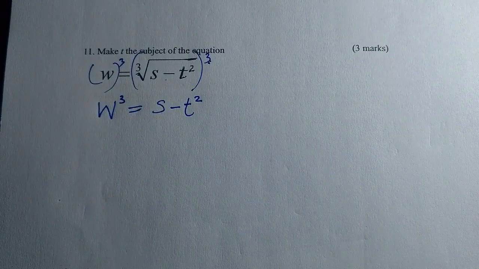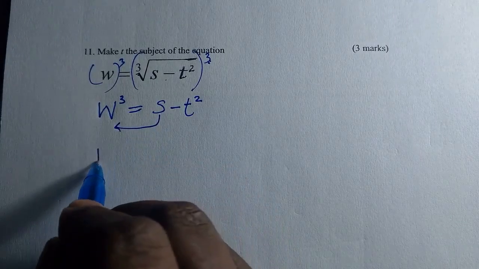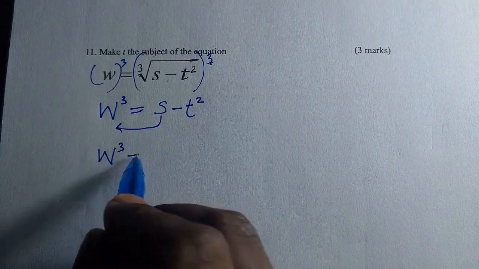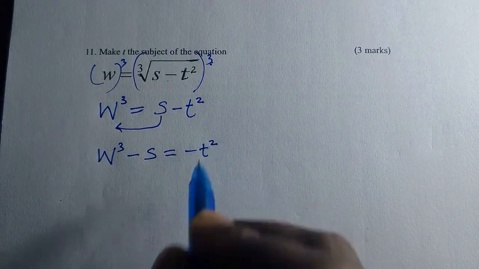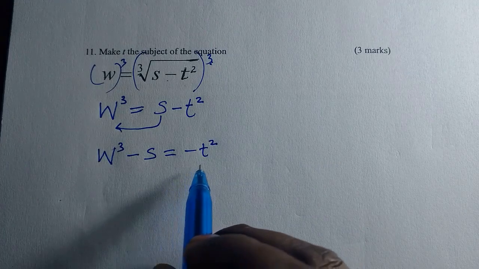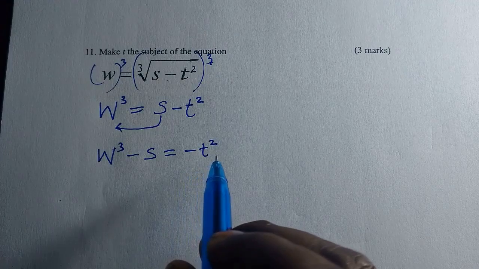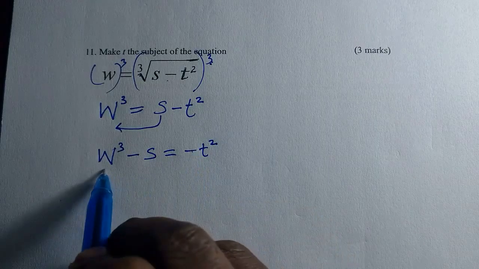We want to make t the subject, so definitely we will bring s to the left side. w cubed minus s is equal to minus t squared. Or you can bring this on this side and this on this side.